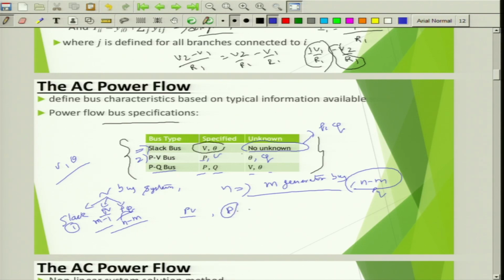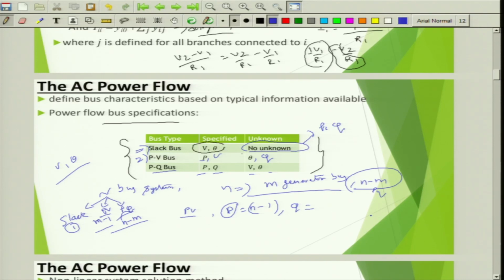How many P do we know totally? It is n minus 1, because we are ignoring the slack bus. For the PV bus we know P, for the PQ bus also we know P. So the total known P is n minus 1. And how many known Q will be there?